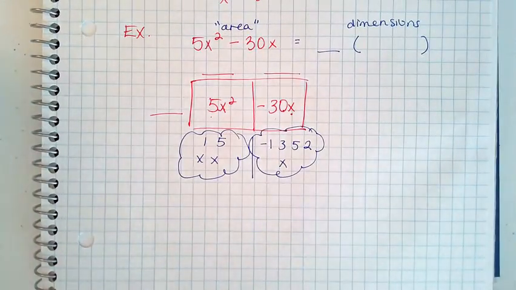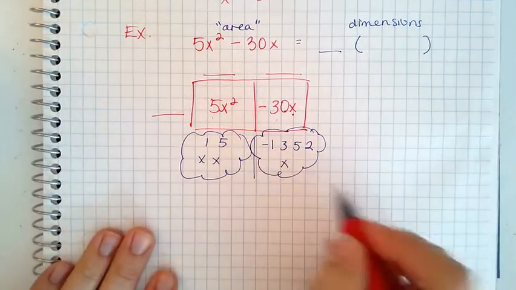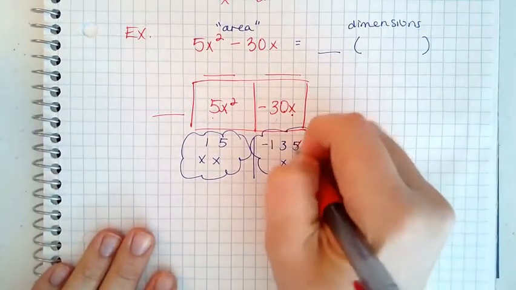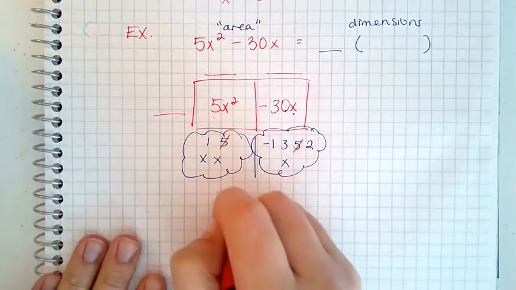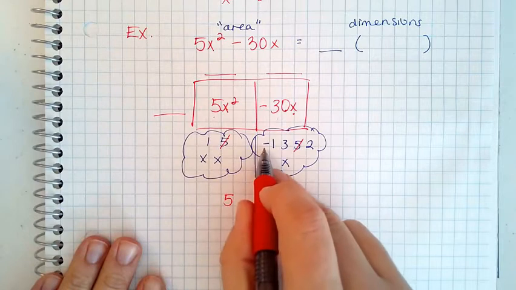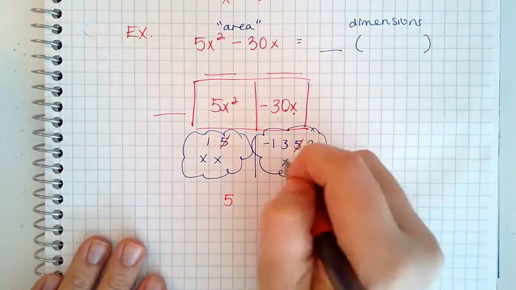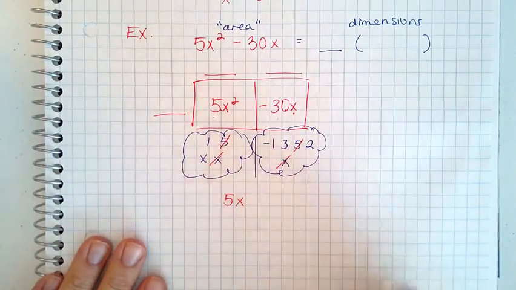I look at this and I say, okay, what can I take out of both of these? Well, something I notice I can take out is a 5. I notice this is a 1 and a negative 1. I could take out a 1, but that's not going to do anything for me. But I could take out an x from both of these.